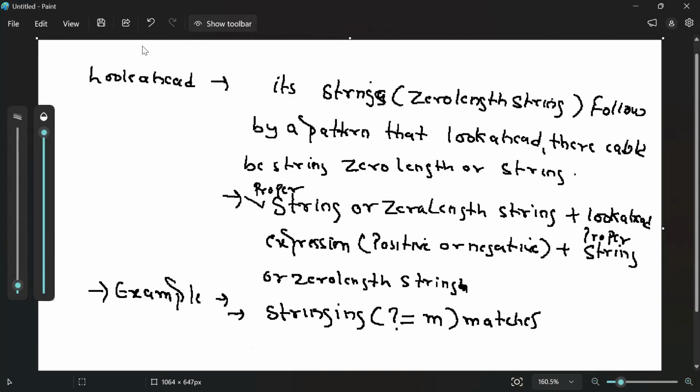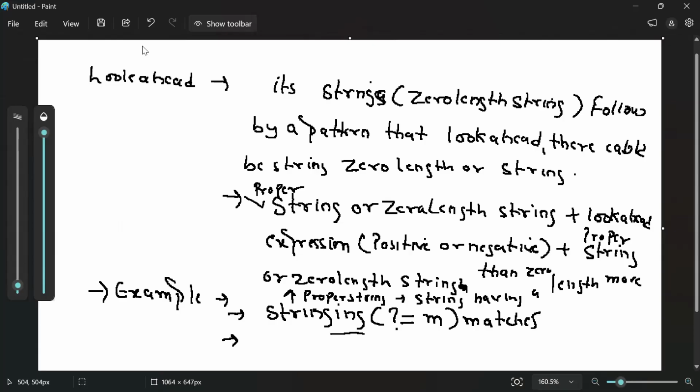Okay, this is one example. We will trace this example. I'll write the target string, but I'm just telling you the example. Another string is, see, it's a proper string, a string having a length more than zero. And this is also a proper string, matches.